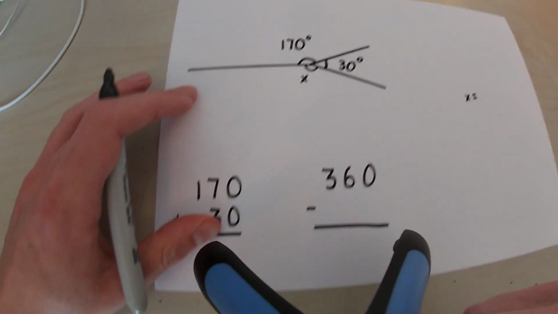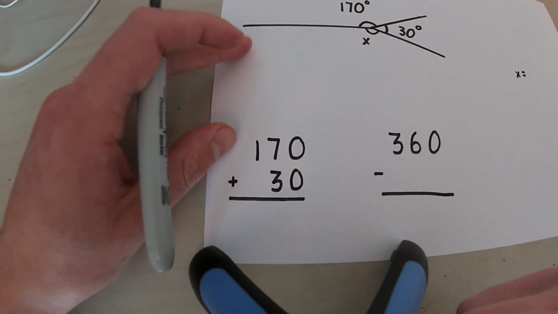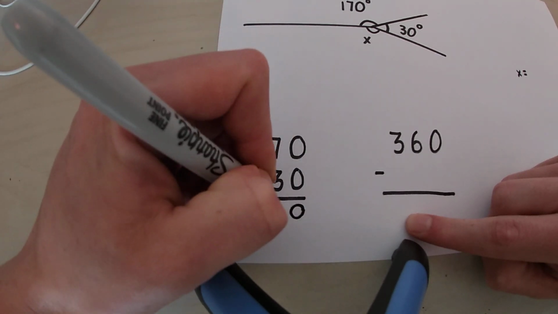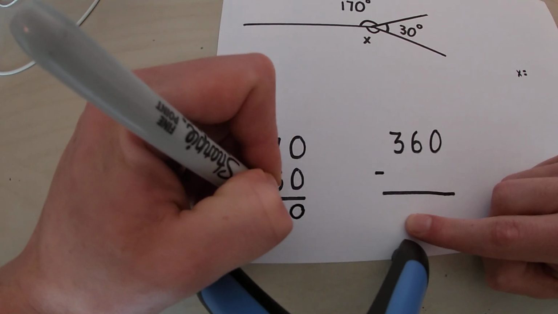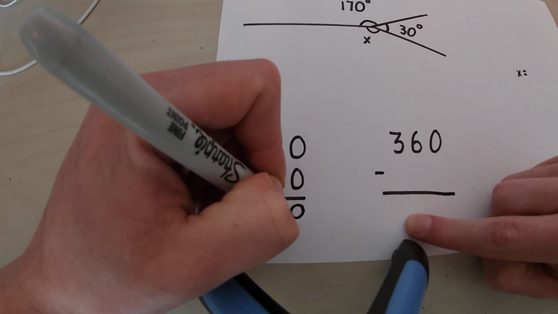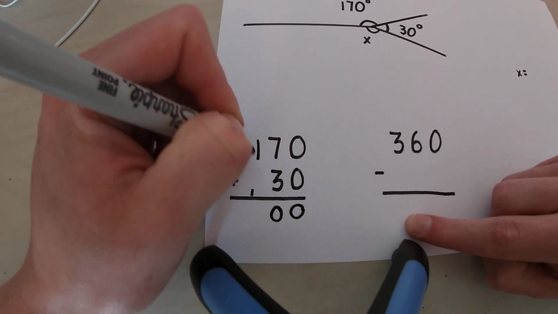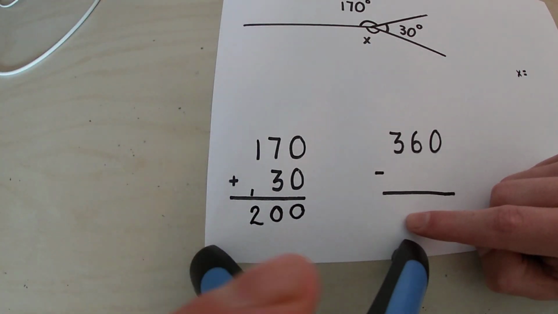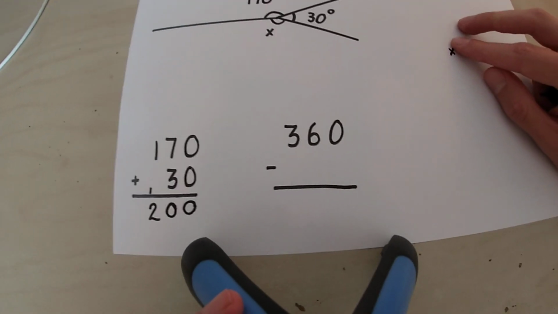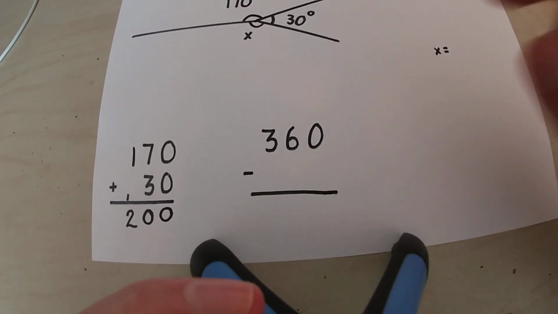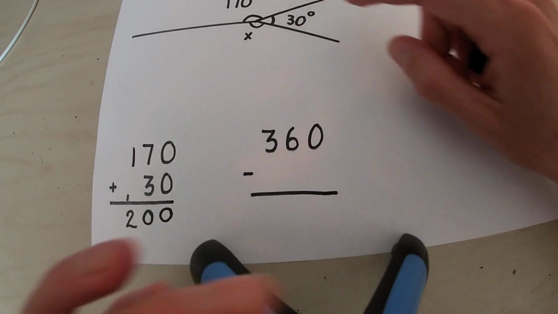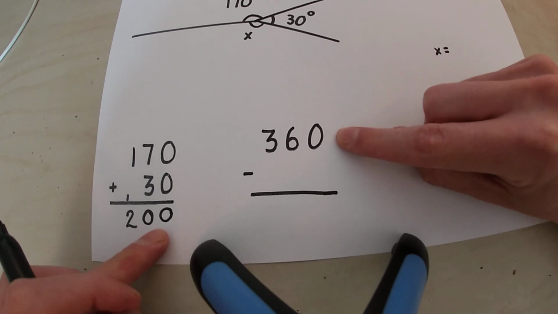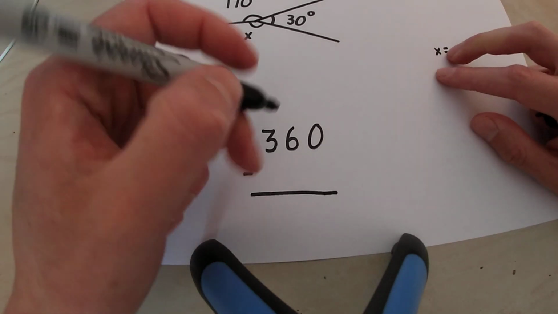So 170 add 30 is 200, and now we can subtract what we do know, our 200, from our total 360 to give us our missing angle.